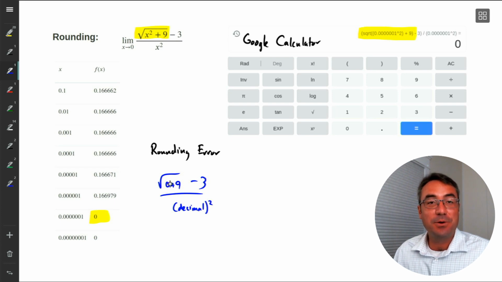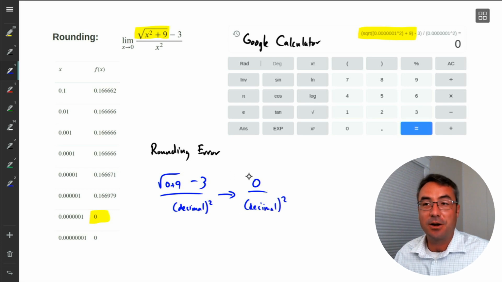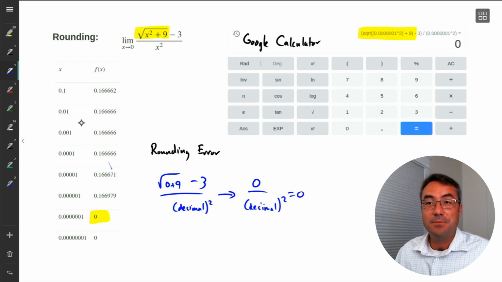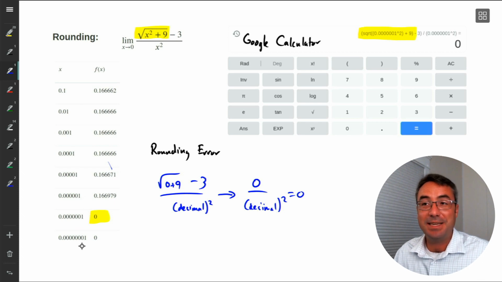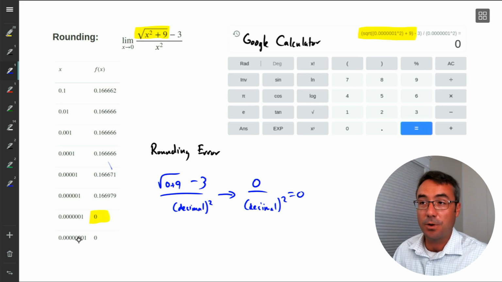So we end up with 0 plus 9. So that's just the square root of 9, which is 3. So this is going to be 0 divided by some decimal squared. So the calculator just says, all right, this is equal to 0. And that's what we're seeing here. So if you make these decimals too small in some cases, you kind of reach the capacity of the calculator to actually work with them.